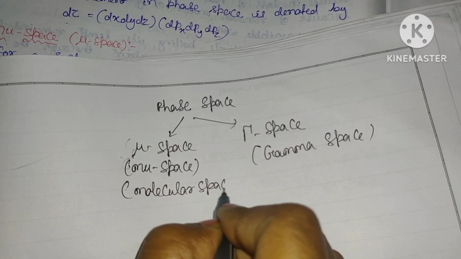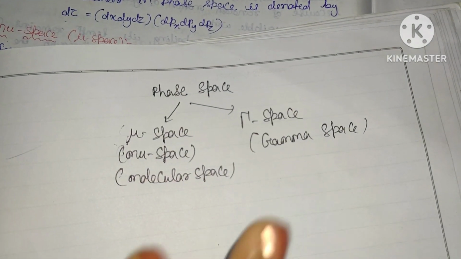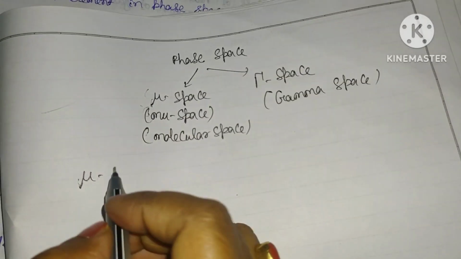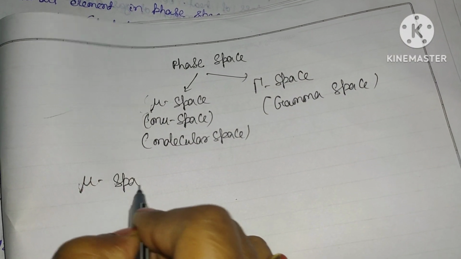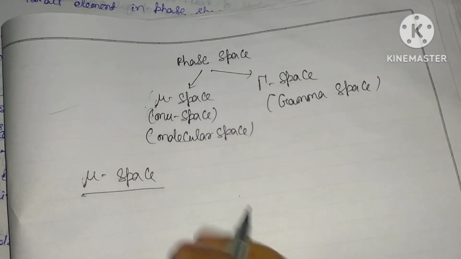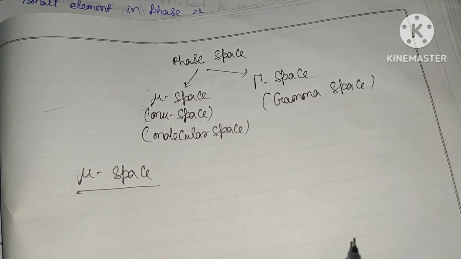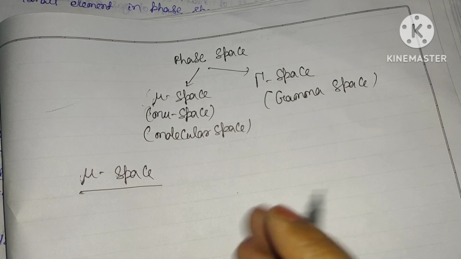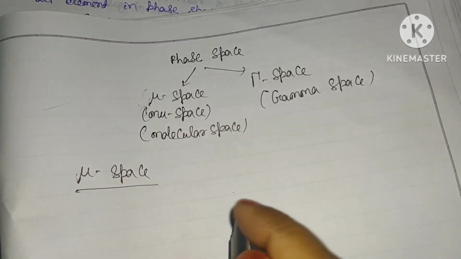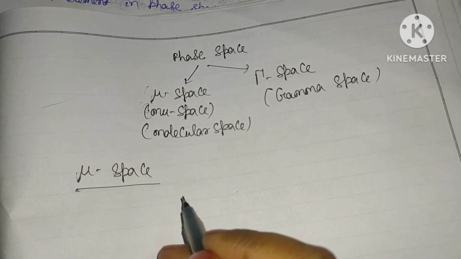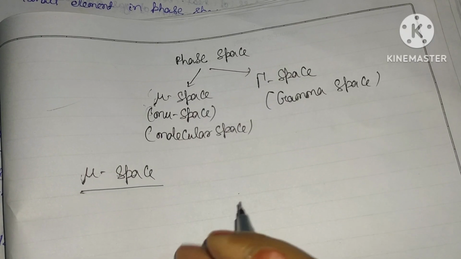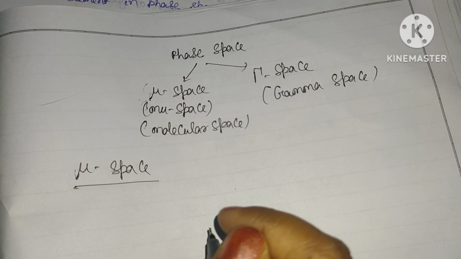Now we will define them one by one. First, what is mu space? In the case of mu space, suppose we are defining a system comprising one molecule, considered to be monoatomic. The state of the gas is completely known if the position and momentum of each atom of the gas are specified.